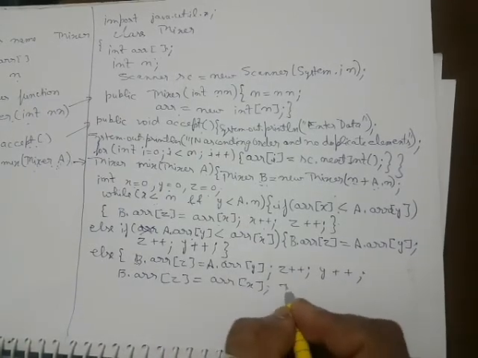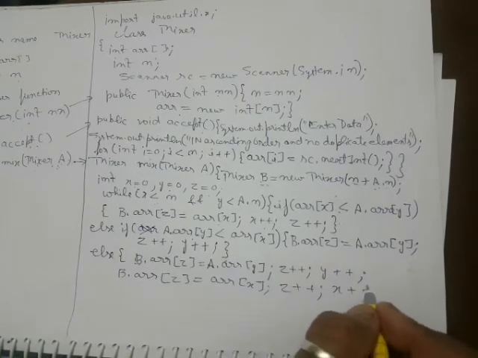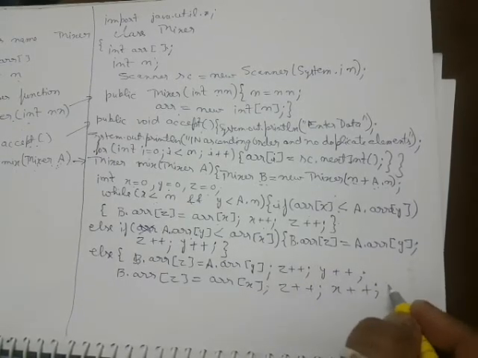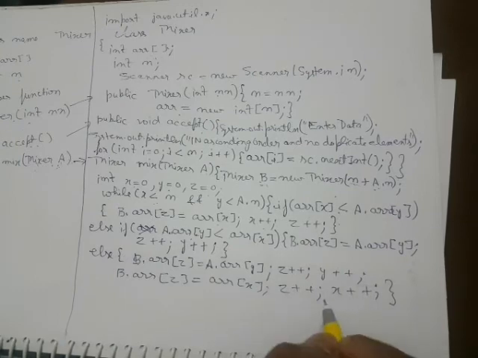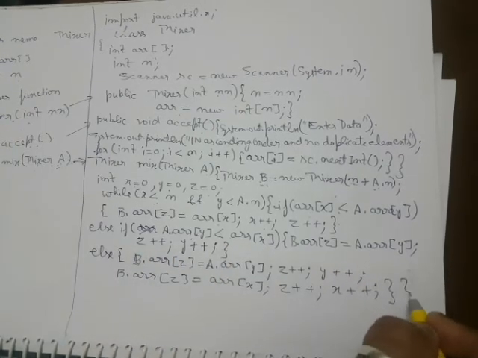So we have here z++, and this time it will be x++. So we have closed the else here. So this was for the else, and now we close the while loop.